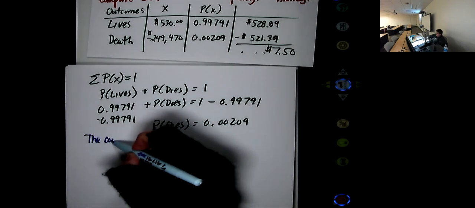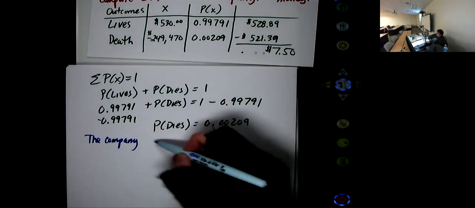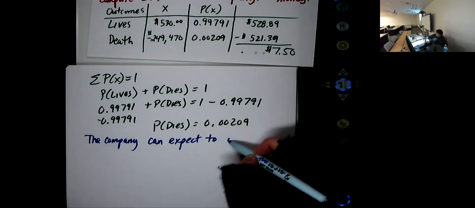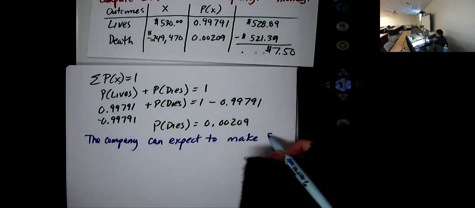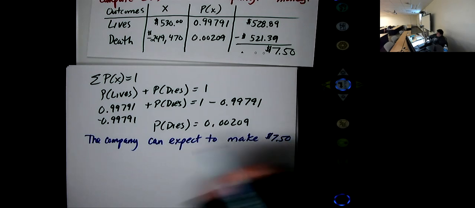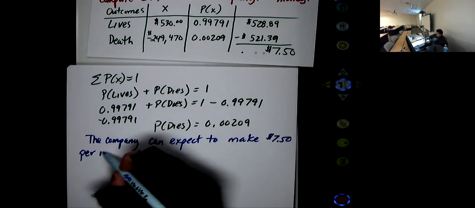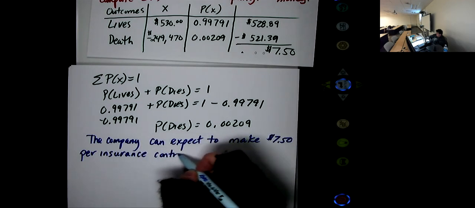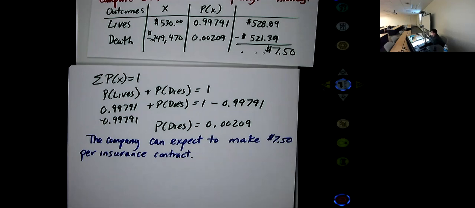The company can expect to make $7.50 per insurance contract. That's not a lot of money, is it?